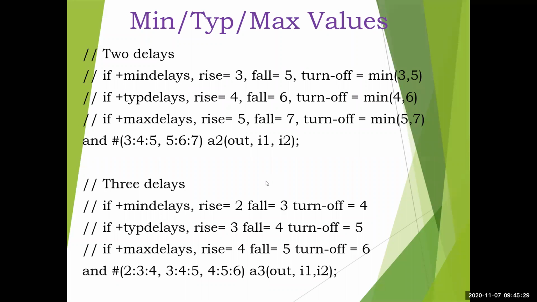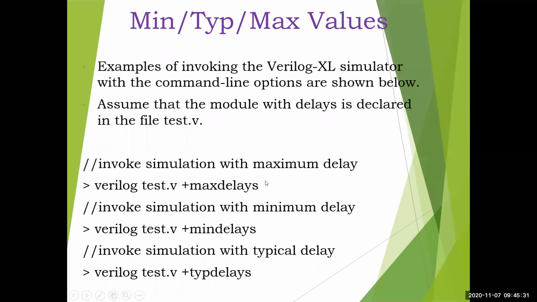Next we will see how we do this at runtime. With respect to the Verilog simulator, what is the command to change this value? Examples of invoking the Verilog-XL simulator with command line options are shown below. Assume that the module with delays is declared in the file test.v. All the delays I have mentioned are written in that file.